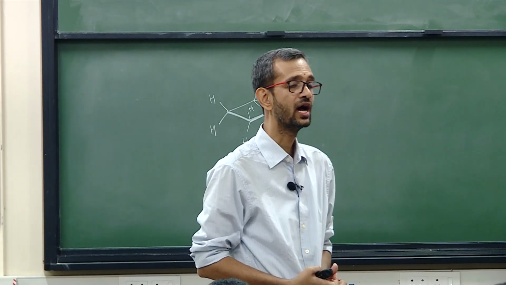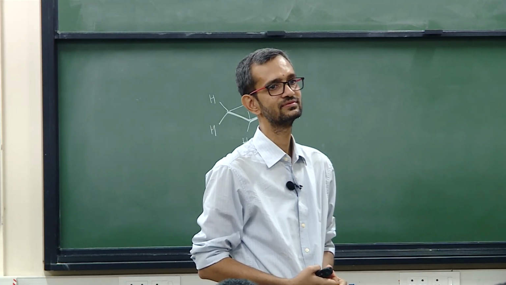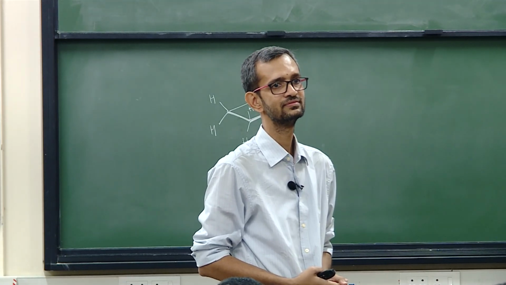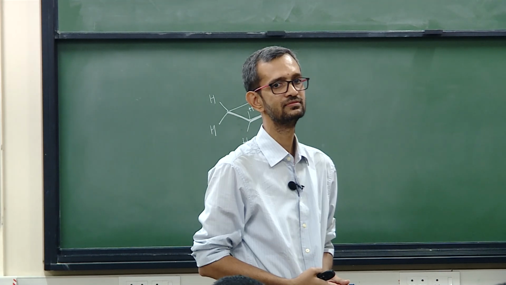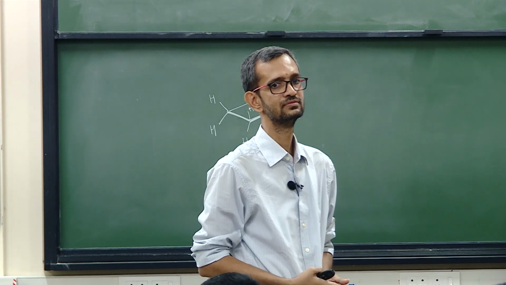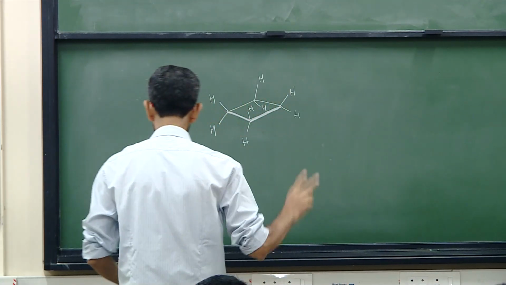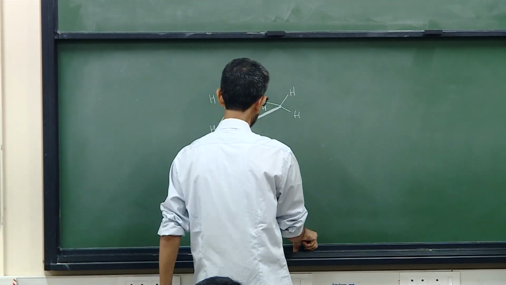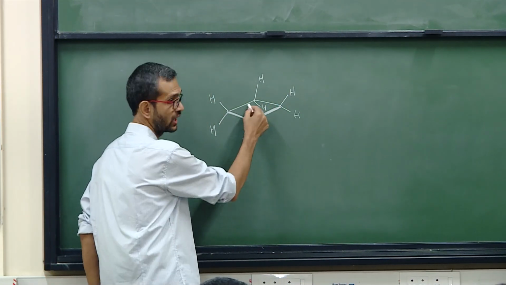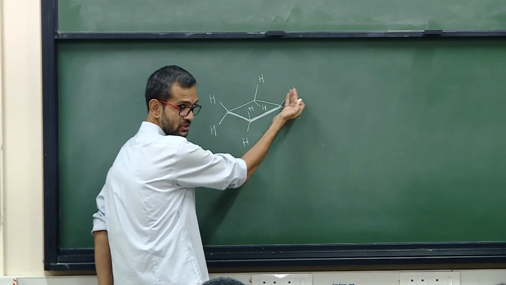Hydrogens? Answer is correct. Why? There's not much space between the hydrogens. Which hydrogens are you talking about? Two hydrogens, which hydrogens? Between these two hydrogens? Or this hydrogen and this hydrogen?